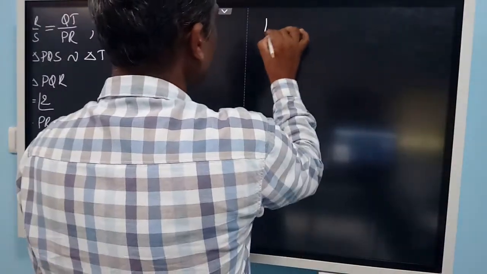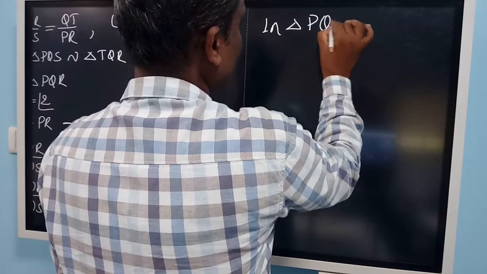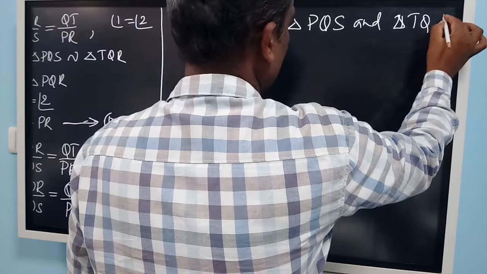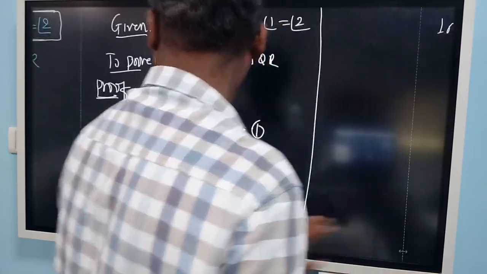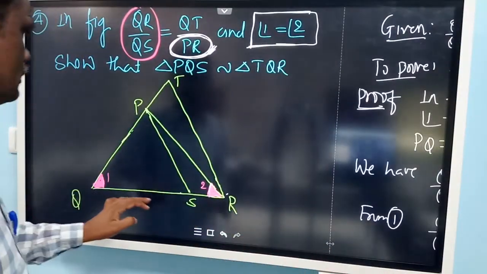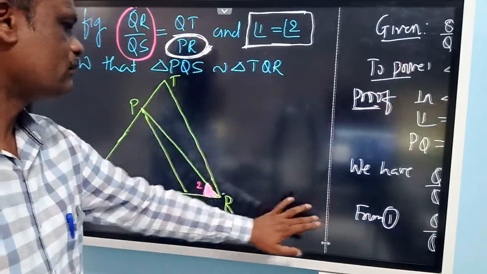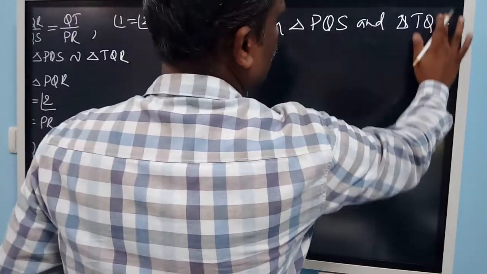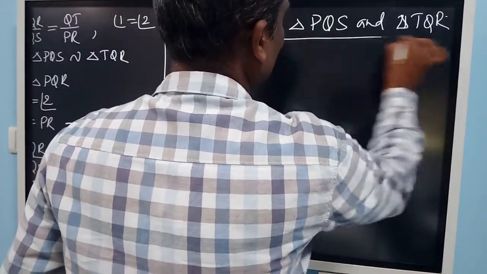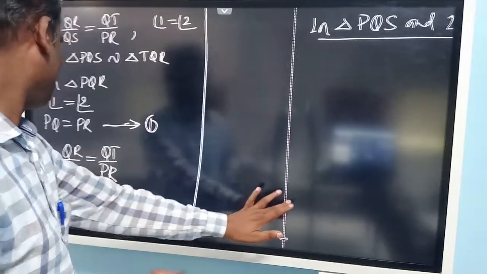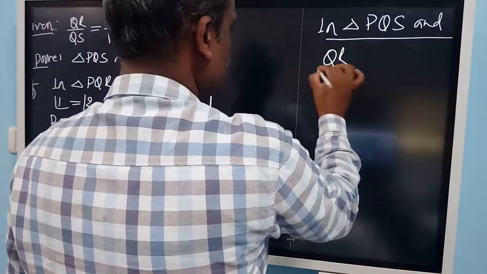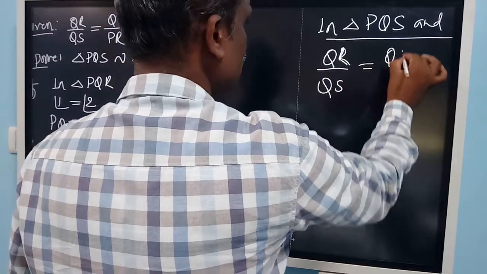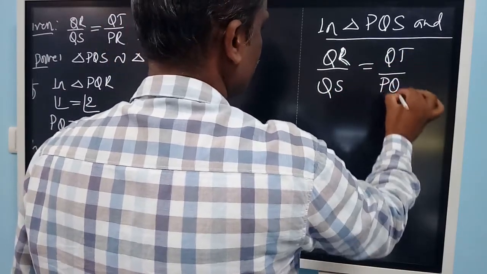So let us take triangle PQS and triangle TQR. Look at the diagram. In these two triangles, we are already having QR by QS is equal to QT by PQ.